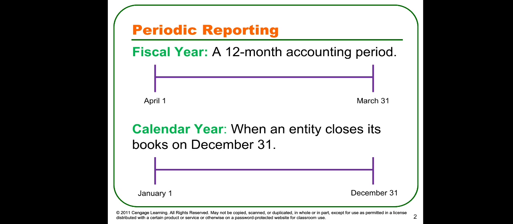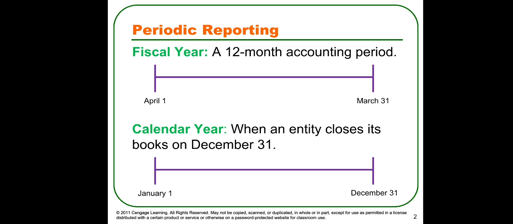So according to accounting standard, a business has to close its account at least once a year. When a business closes its account, the business can calculate profit or loss.